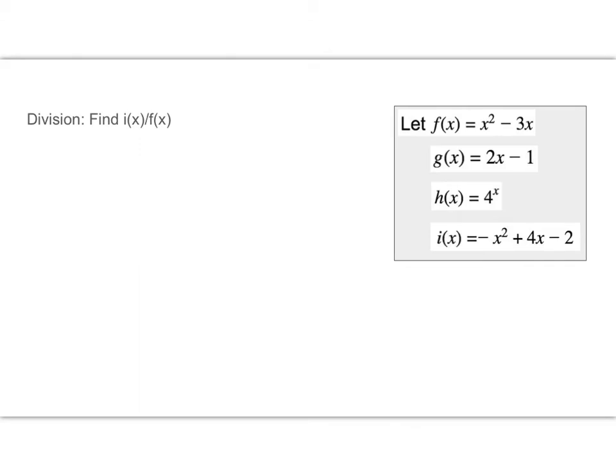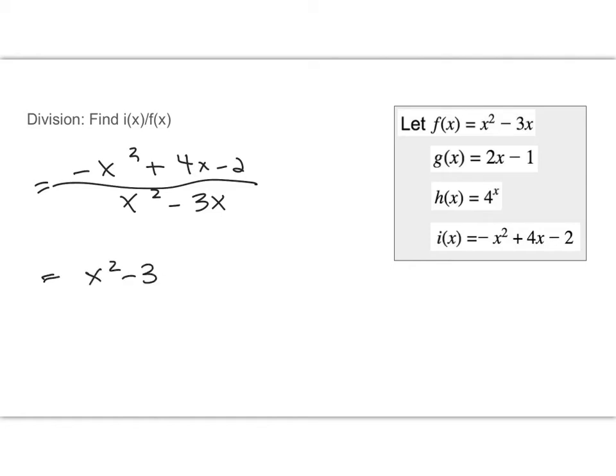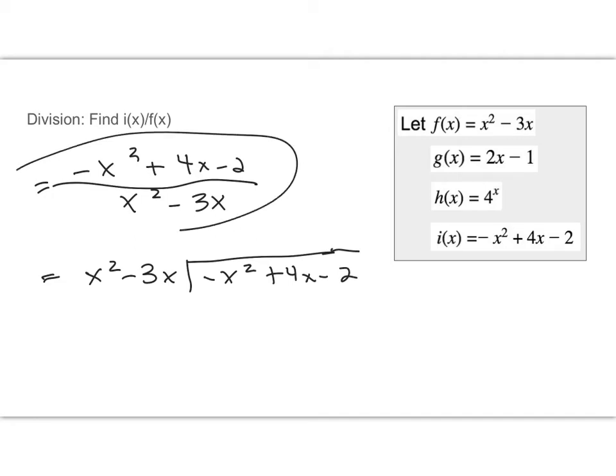Well, if I can multiply, most of the time I can divide. So i of x would be negative x squared plus 4x minus 2. I want to divide that by x squared minus 3x. And if I want to carry this further, maybe do some long division. I know what you're thinking, don't say it. Depending on what you're doing, this might be sufficient because you can't simplify it any further.